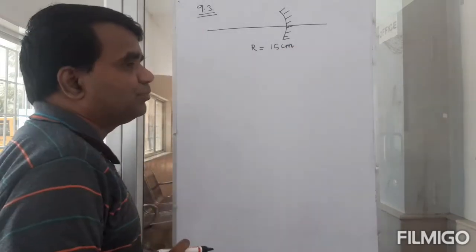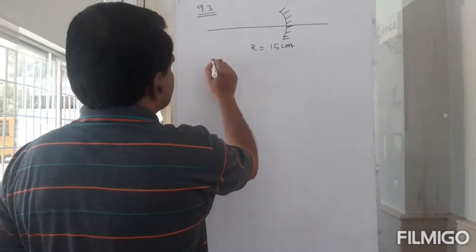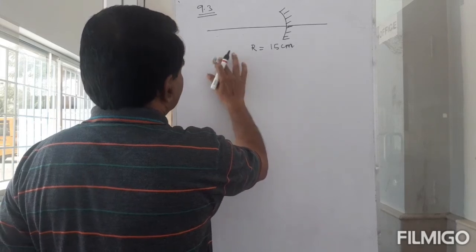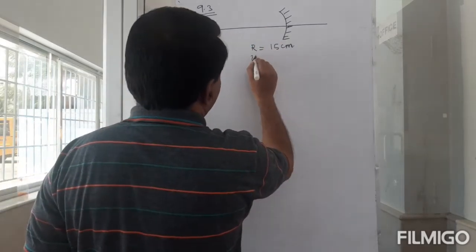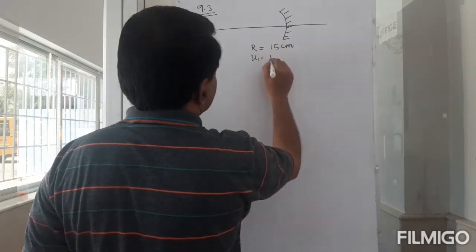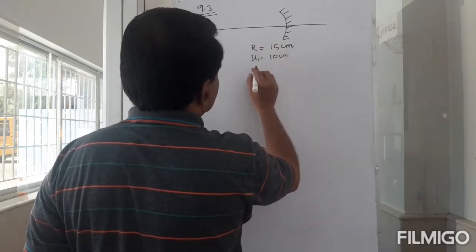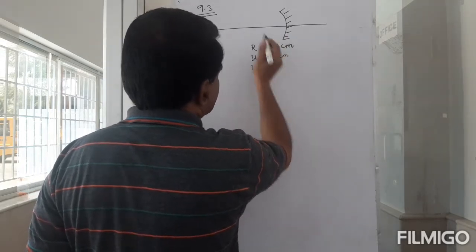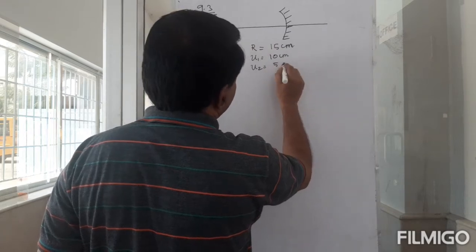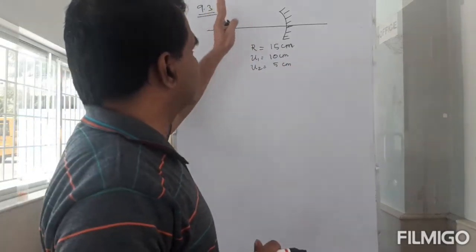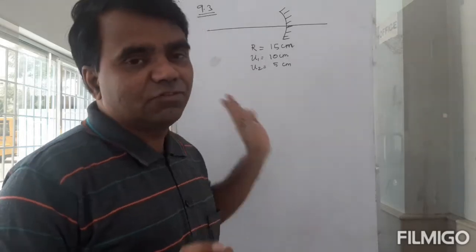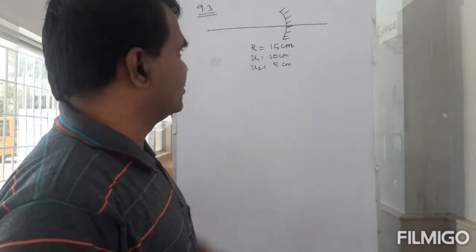Then what is asked? Position and, okay, u values are given, right? The u1, the first case, is 10 centimeters, and u2, the second case, is 5 centimeters. First you keep it at 10 centimeters, and next you keep it at 5 centimeters. That's why I'm calling it u1 and u2.